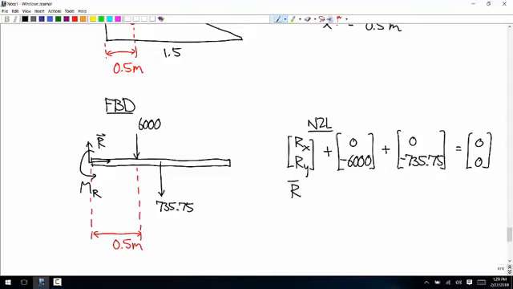And so R is equal to 0 for X, positive 6,735.75 for Y. So how does that compare to the force that the wall was asked to apply in the last one? The force is the same. The thing that's going to be different is the couple.